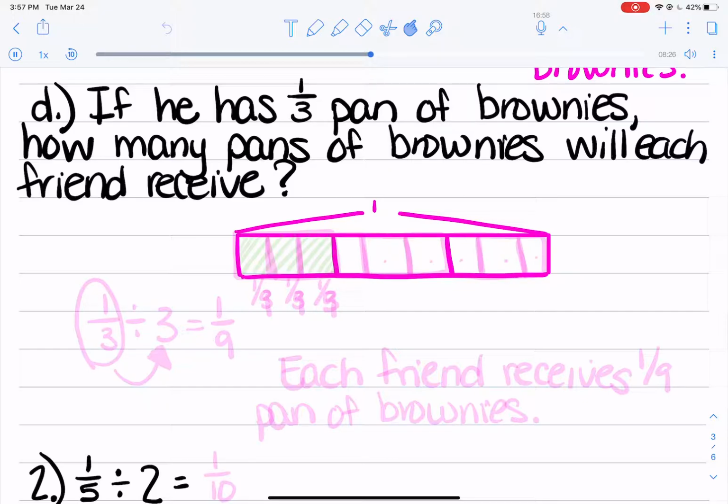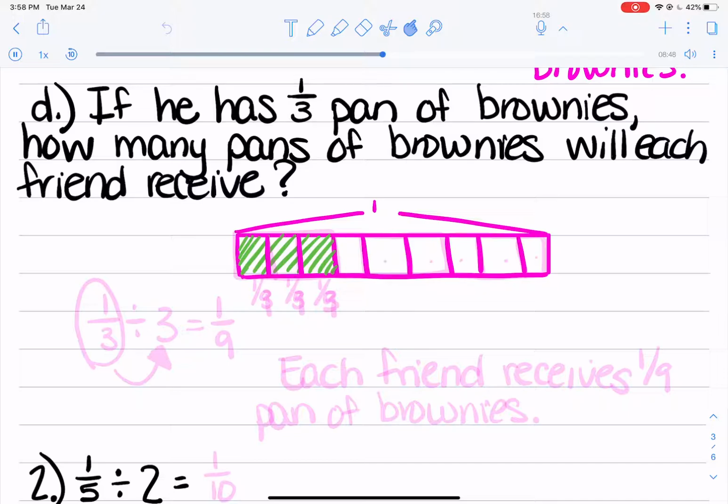So of our 1/3 that we have right here, we need to separate that 1/3 into 3 different friends. Each one of these thirds needs to be separated into 3 different friends.